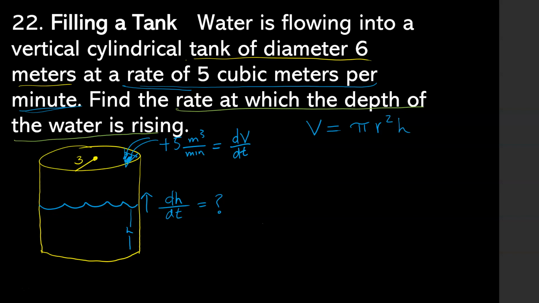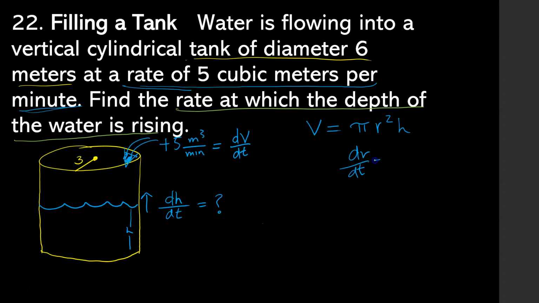Oh no. That might be a problem. We have 3 variables and we don't have a dr dt. Well, we don't have it directly, but we do have dr dt indirectly. Dr dt is the rate of change of the radius. Well, what's the radius of the, I don't know, the water inside the tank?